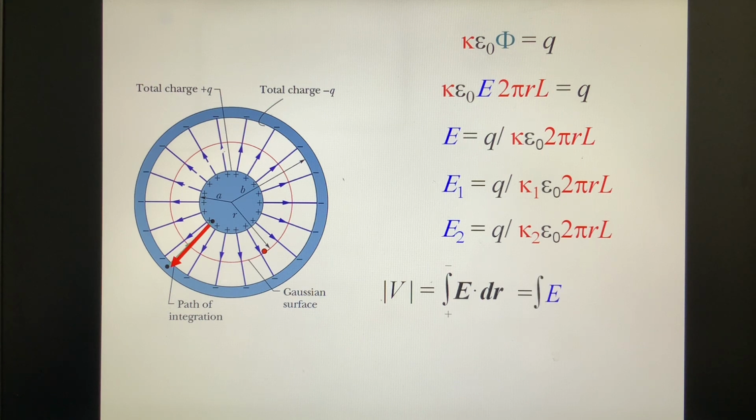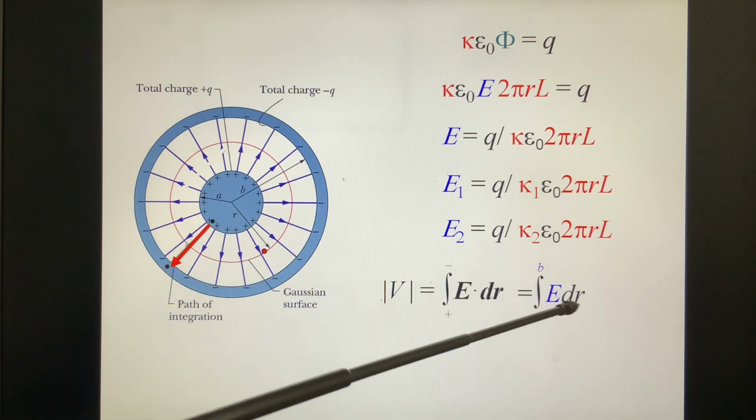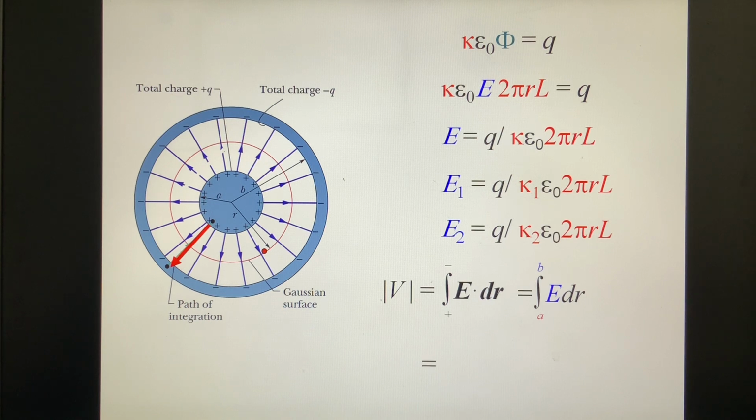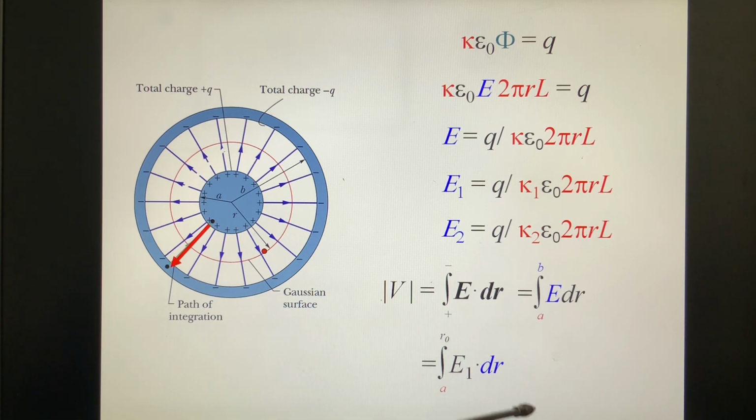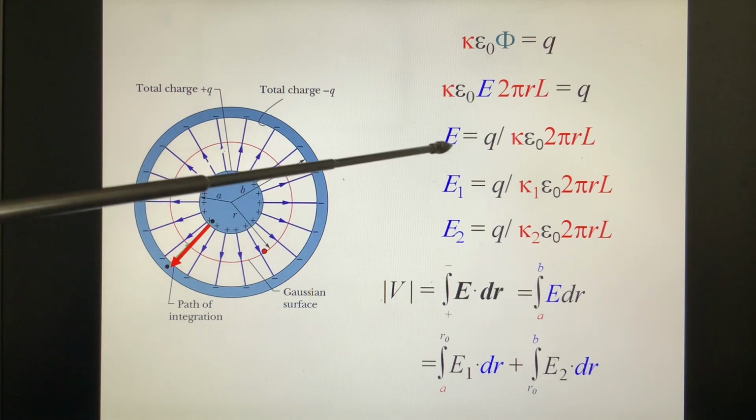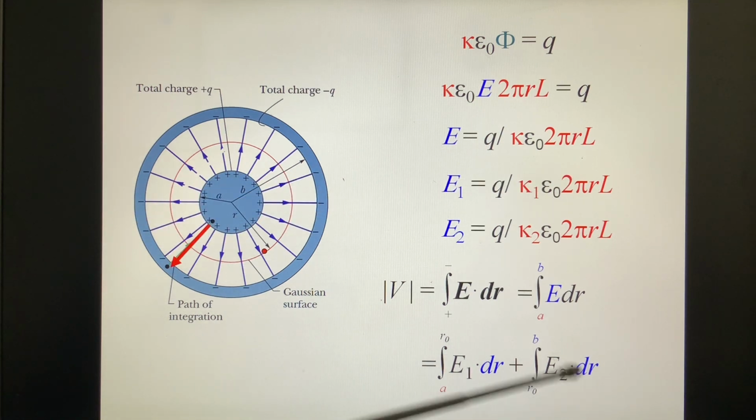In our case, from positive to negative, we have two layers. This one is from A to B, in two parts. E1 is from A to R0, and E2 is from R0 to B. We put E1, we put E2. It's very easy to integrate, it's a log.